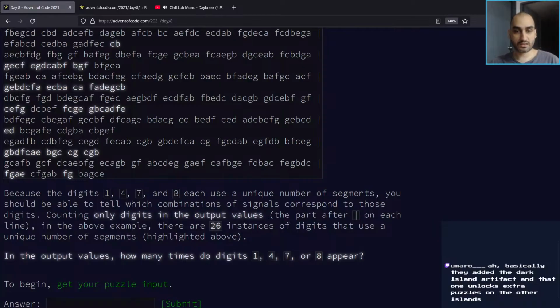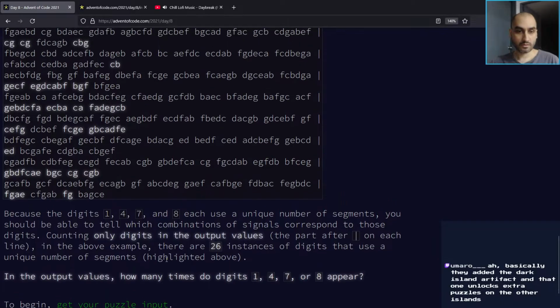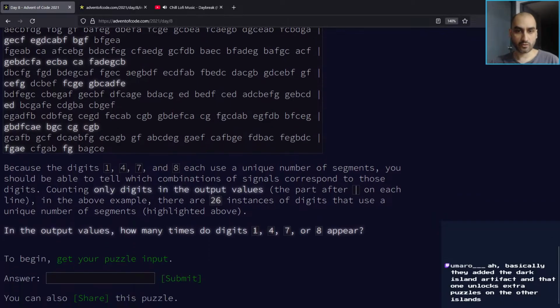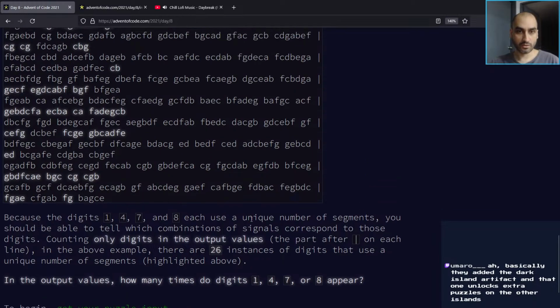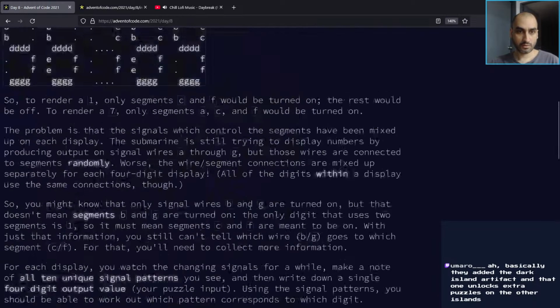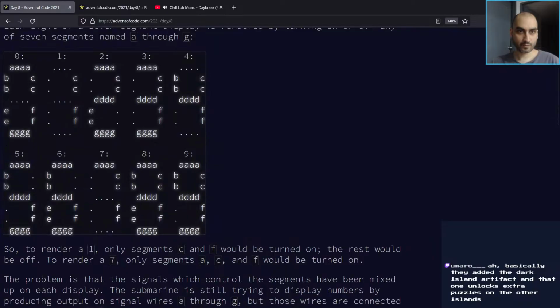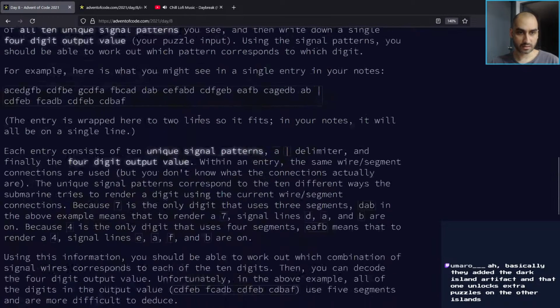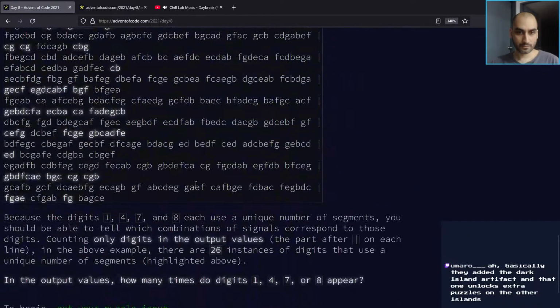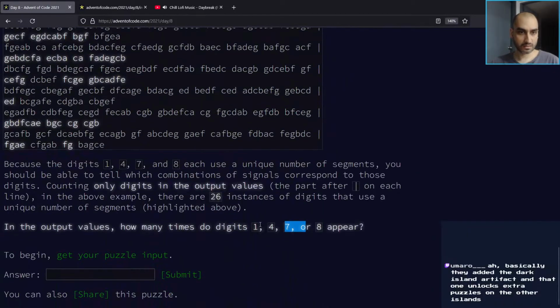So they're giving us... Okay, so we're only focusing on these 4 digits now. So we know a 1 means there's 2. A 4... 1, 2, 3, 4. A 4 has 4. And is it the only one that does? Yeah, it is. Okay. And 7 or 8.